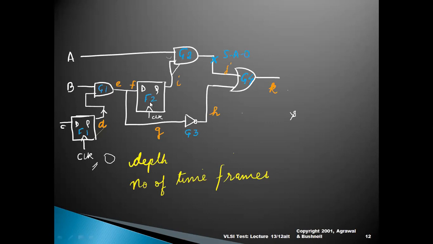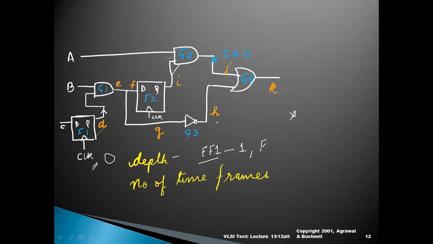So what is the depth of this flip-flop 1? Anybody? So the depth of flip-flop 1 in our case, because it is depending only on the primary input C, is going to be 1.